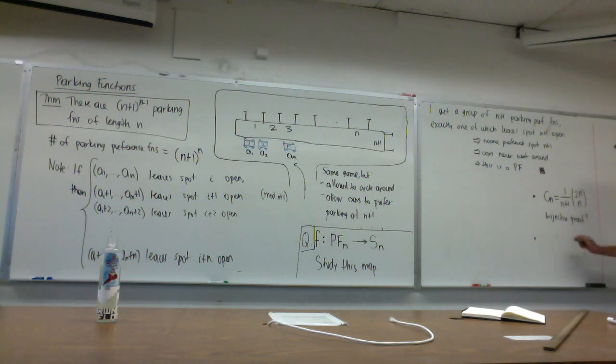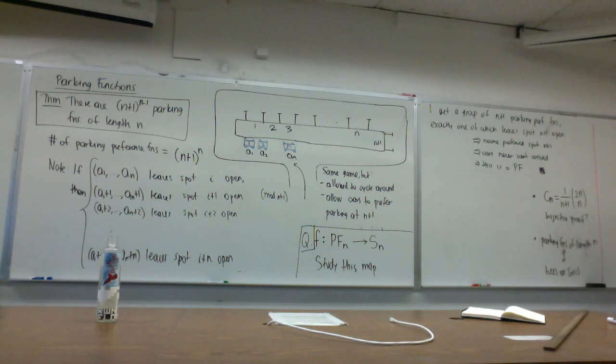So parking functions of length n are in bijection with trees on n plus 1. Right? We just proved this. And again, it's a little bit strange because these things want to have length n and these things want to have n plus 1 things involved. But this should bring up the question of whether there is a nice natural bijection between these objects.